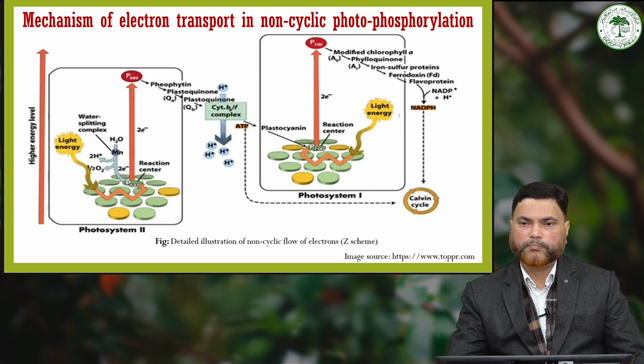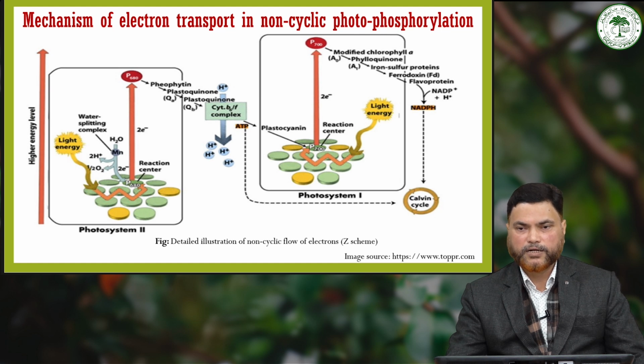The cytochrome B6F complex transfers electrons to plastocyanin, which in turn reduces P700, and the acceptor of the electron from P700 is basically A0. The next acceptor A1 is a quinone. A series of membrane-bound iron sulfur proteins transfer electrons to soluble ferredoxin. The soluble flavoprotein NADP reductase reduces NADP to NADPH.